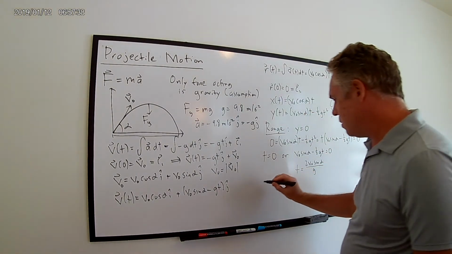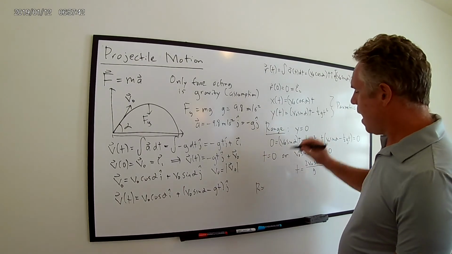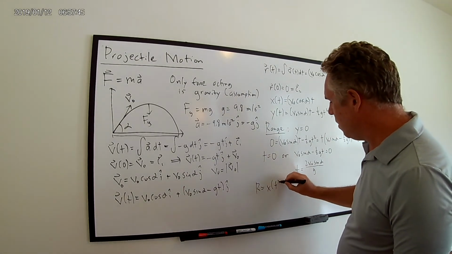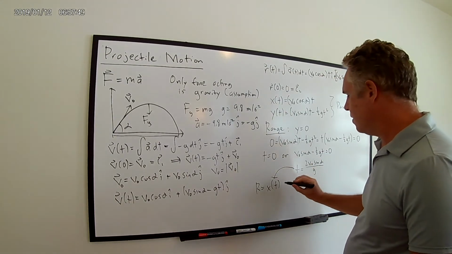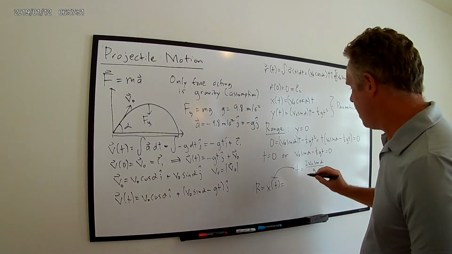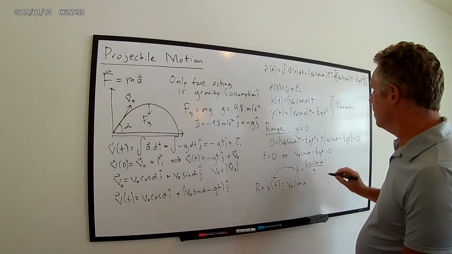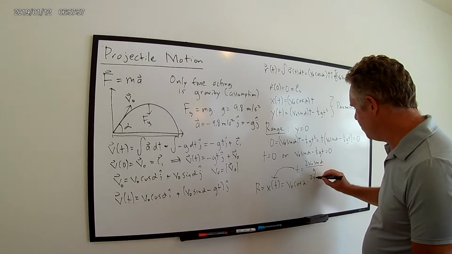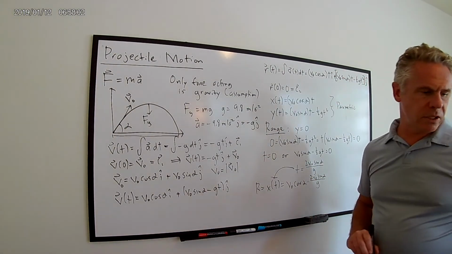So the range is going to be equal to x of t, where I plug in this specific t, the t of impact. I plug that in here, and I get v0 cosine of alpha times 2 v0 sine of alpha over g.